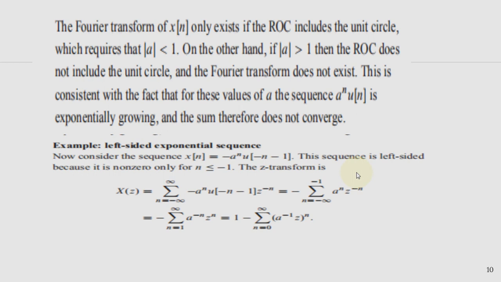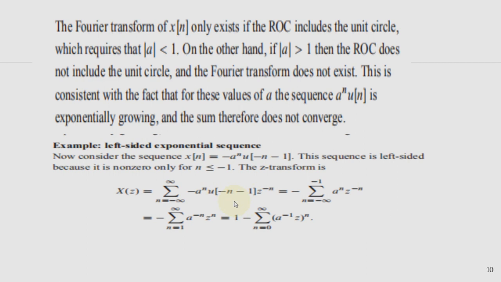So let us take the left-sided sequence, that is towards negative infinity. So x of n is equal to minus a raised to n u of minus n minus 1. This sequence is a left-sided sequence, so summation from minus infinity to infinity of minus a raised to n u of minus n minus 1 into z raised to minus n.